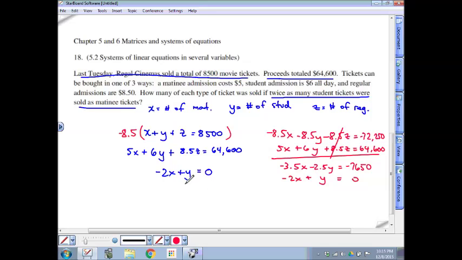So now I can try to eliminate another variable. If I multiply the bottom equation by negative 2.5, I'm going to eliminate the y variable. Negative 2.5 multiplied by 2 is 5. So let me rewrite this here.